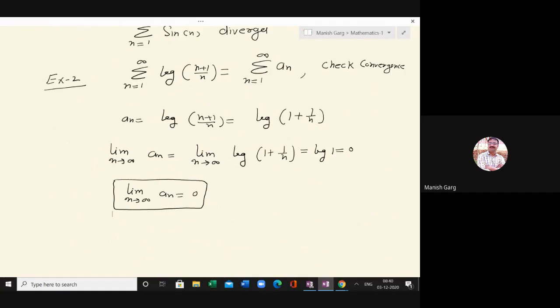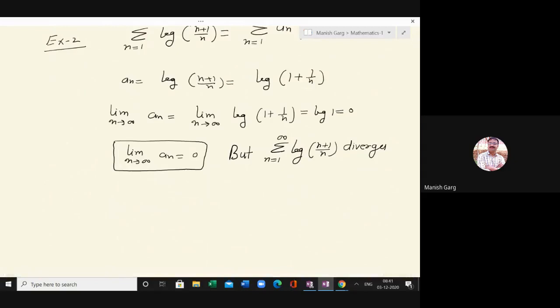But if it is convergent, then the limit of an will be 0. But the series sum of log((n plus 1) over n) diverges. So this is about the necessary condition. If anybody has doubt, ask me.